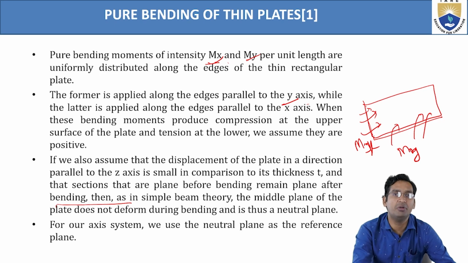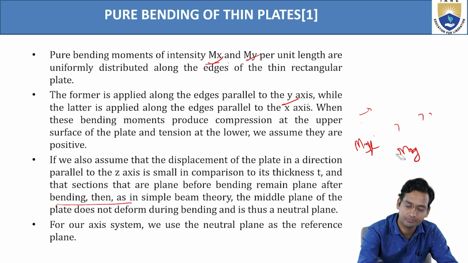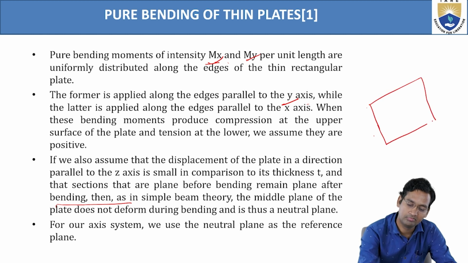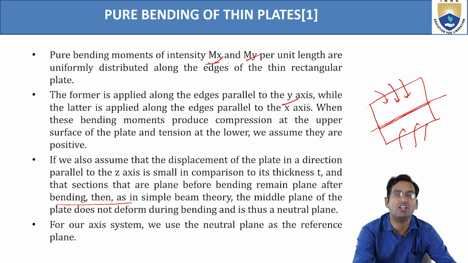And hence, suppose here it will bend, right? So here one plane will be there in the middle of these two, that remains undeflected or undisplaced, not experiencing any type of bending.